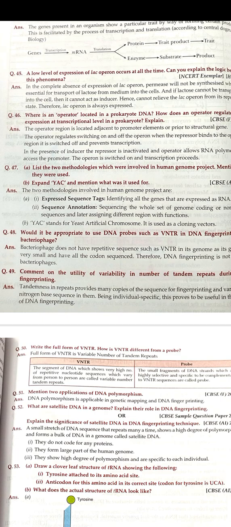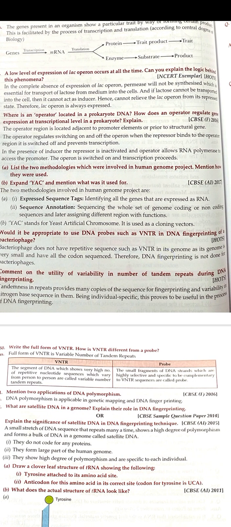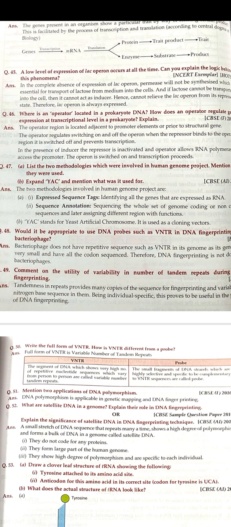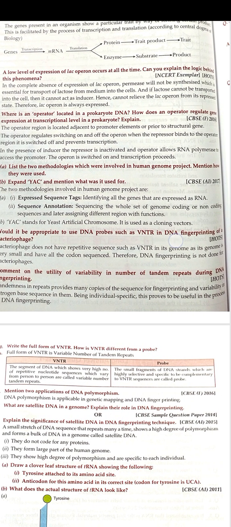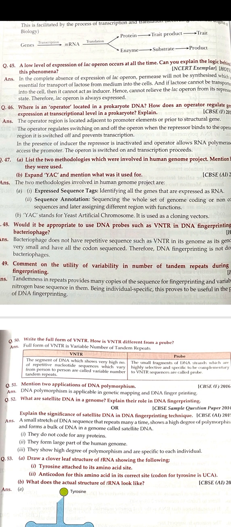Now the question number 45. A low level of expression of lac-operon occurs at all time. Can you explain the logic behind this phenomenon? In the complete absence of expression of lac-operon, permease will not be synthesized, which is essential for transport of lactose from medium into the cell.